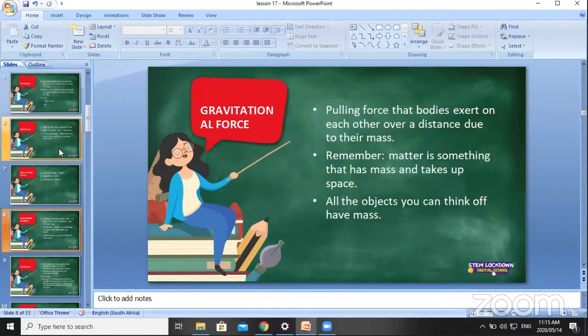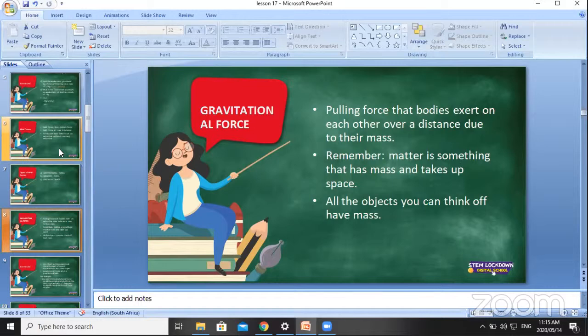So a gravitational force is a pulling force that bodies exert on each other over a distance due to their mass. Remember in grade 8 and 7 you were taught that matter is something that has mass and takes up space.